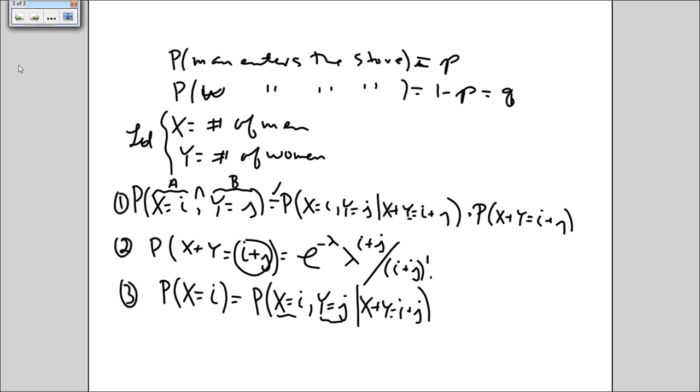The given that didn't give any new information, it's still the probability that X is I and Y is J. So the probability that X is I from the I plus J people, we want to choose I, and the probability of success, that is being a man, is P, and the probability of not success (I don't want to say failure, the women will go crazy) will be Q.